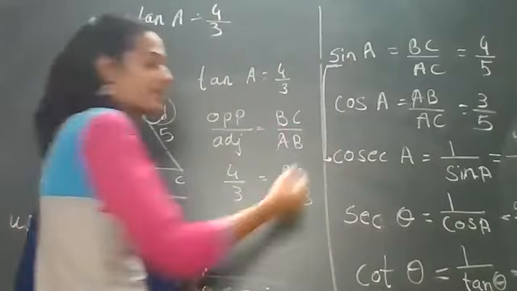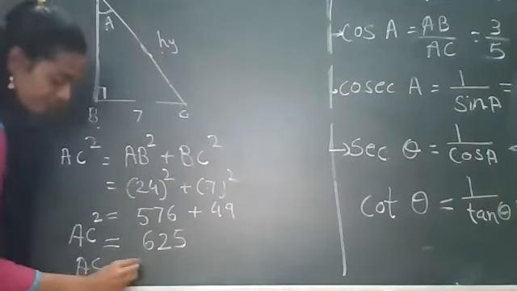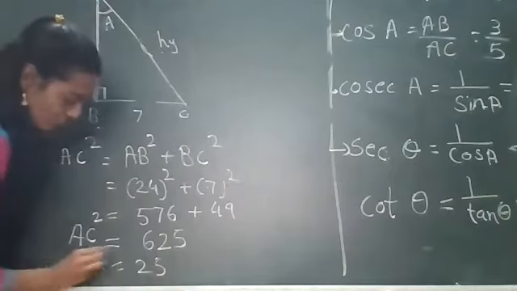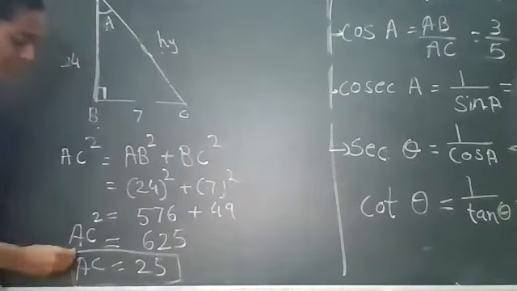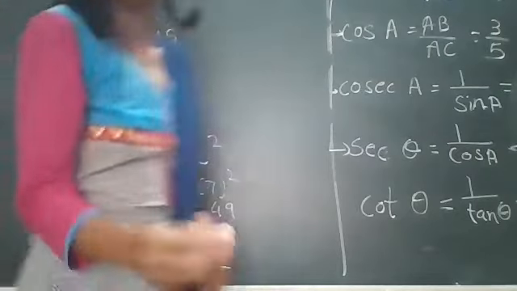Very good. 576 plus 7 square, which is 49. Now add them. What will you get? 625. So whose square is 625? 25. So you got that AC is equal to 25. The value of the hypotenuse is equal to 25. Understood?